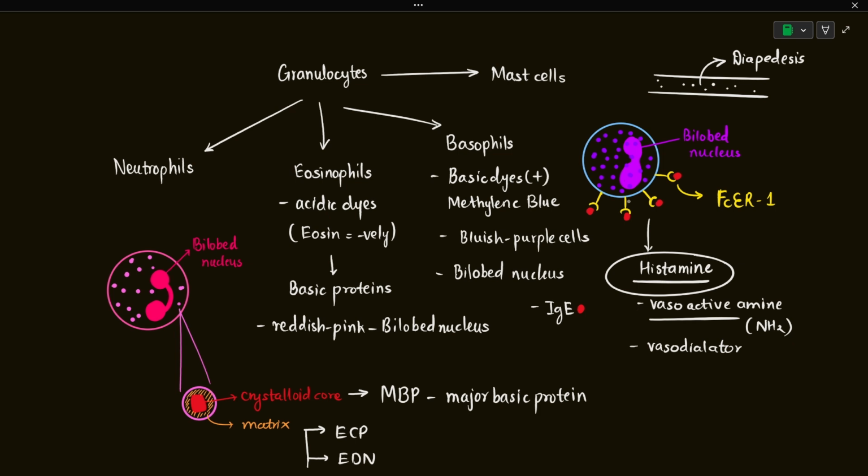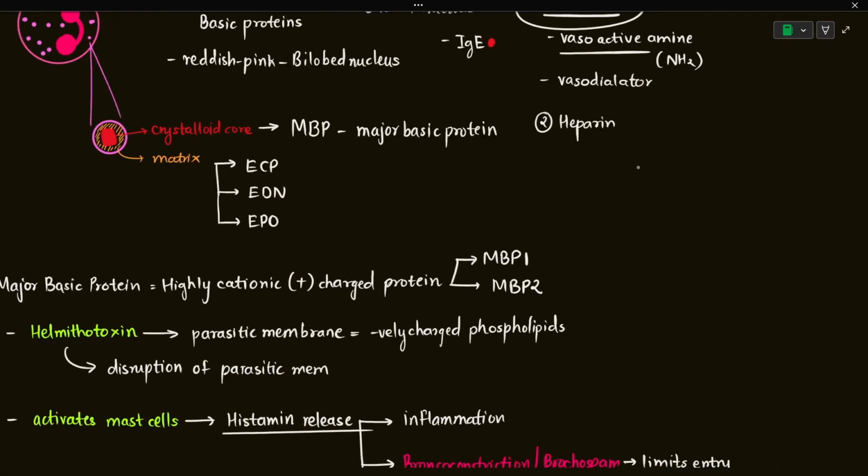So histamine is released by basophils, but alongside histamine, the other molecule in the granules of the basophils is heparin. Heparin is an anticoagulant.